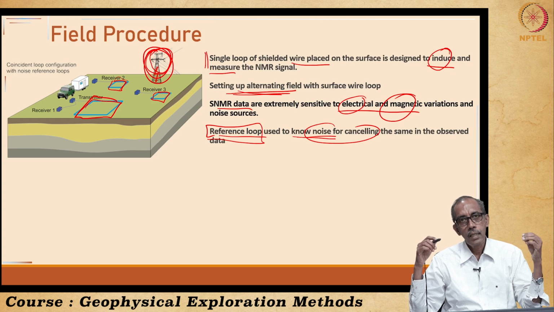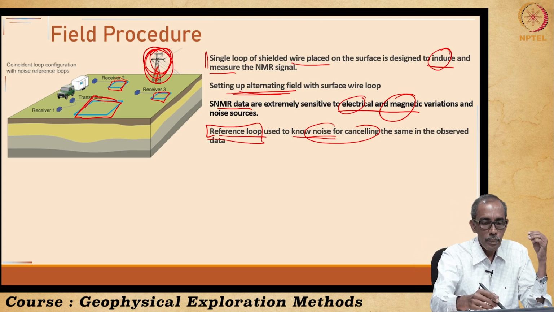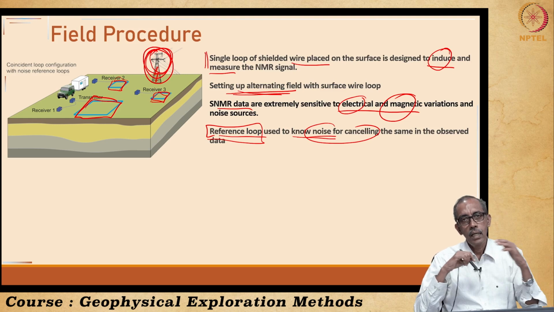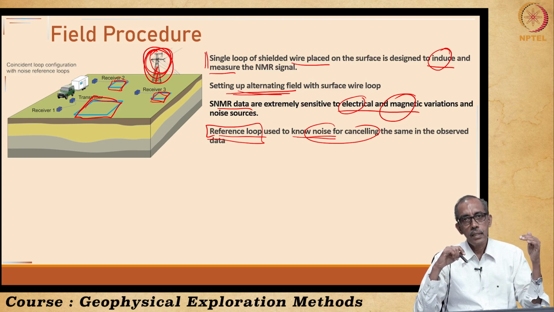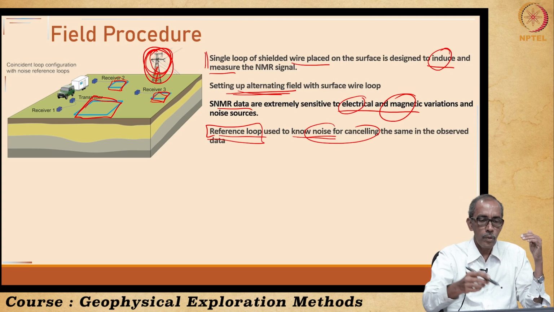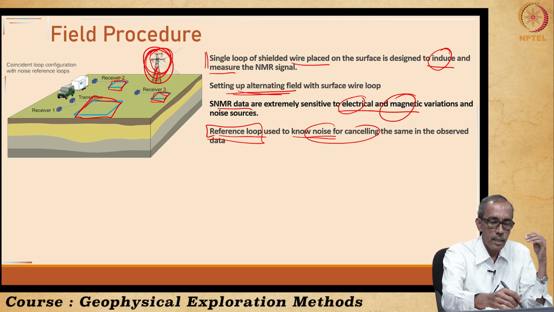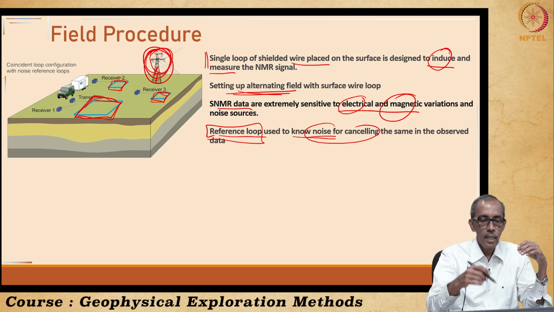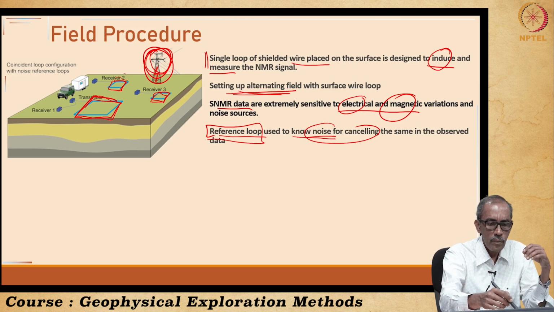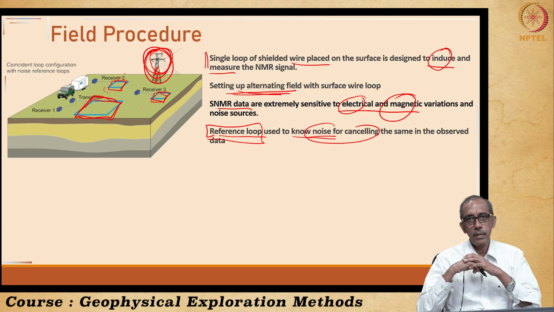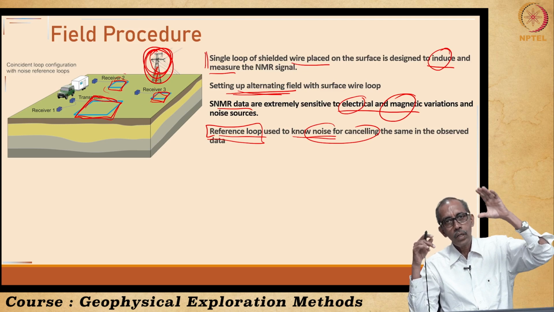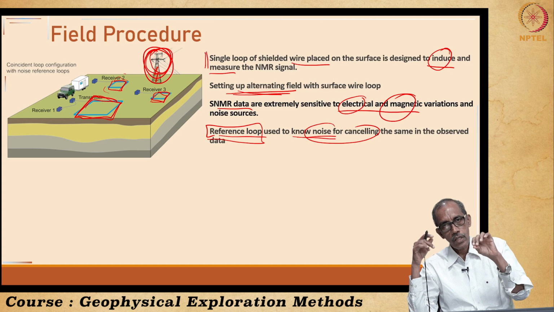This noise is picked up initially by keeping some receiver coils. We get the receiver coil signals. Both are done simultaneously. Here we carry out the survey by transmitting and receiving. Simultaneously at the same time we are also using some receivers. So, at the same time we have the total signal as well as the noise alone.